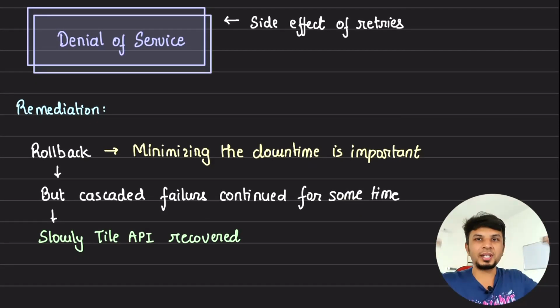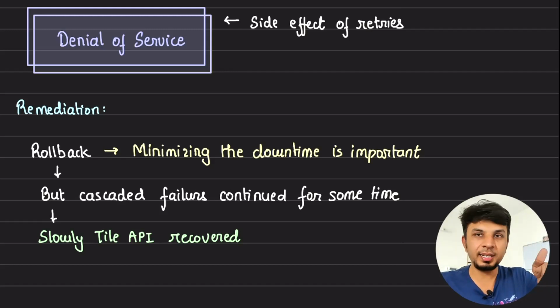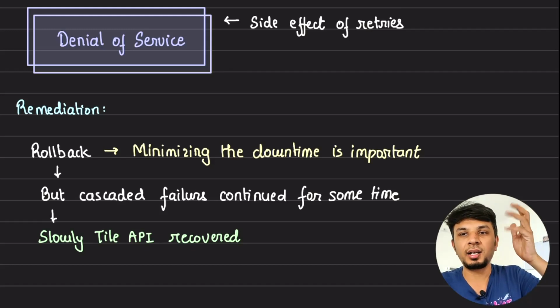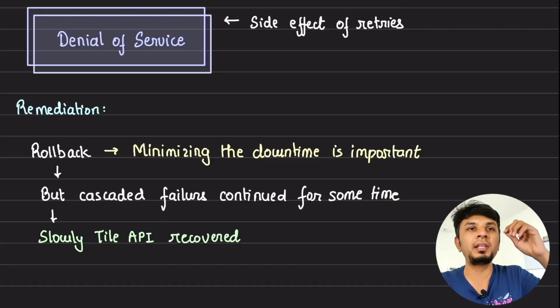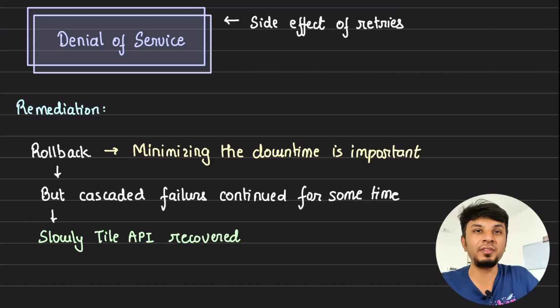When this outage happened, the first remediation that anyone would do is rollback. If we know that some deployment happened, the first thing you do is roll back the deployment right away. And that's exactly what they did.